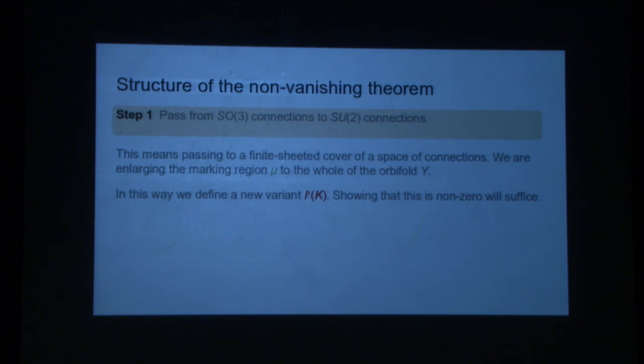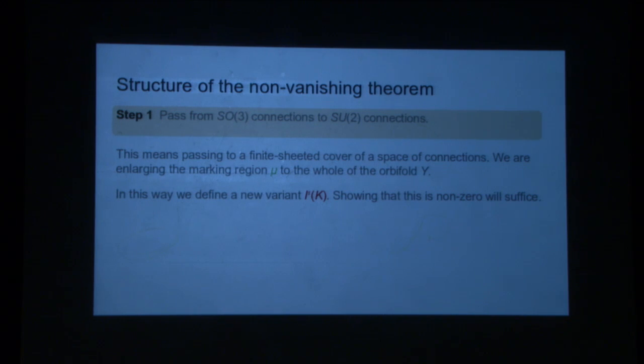It's enough if we can show that I sharp of K is non-zero, we'll still win, because it's like a finite sheeted cover, an iterated double cover of the J sharp space. It maps onto only some components, because not every SO3 thing will lift to SU2.